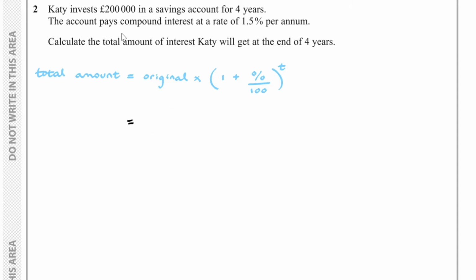So we have our original amount, 200,000, and then we multiply this by 1 plus our interest rate, that's 1.5, divided by 100, and then we raise this to the power of 4.